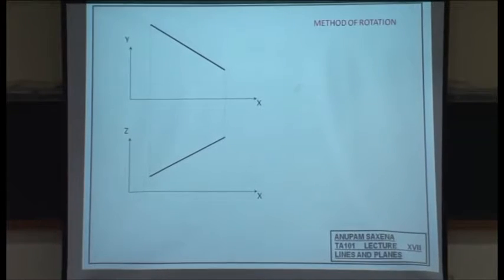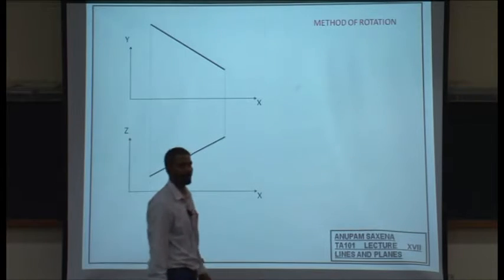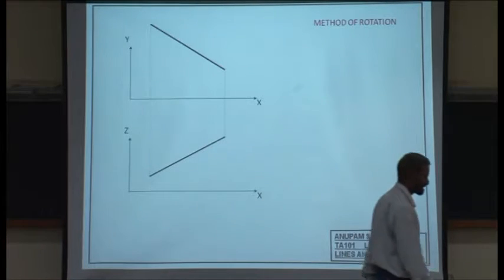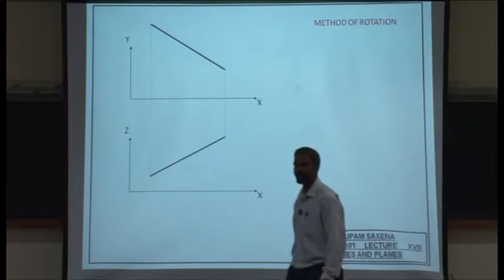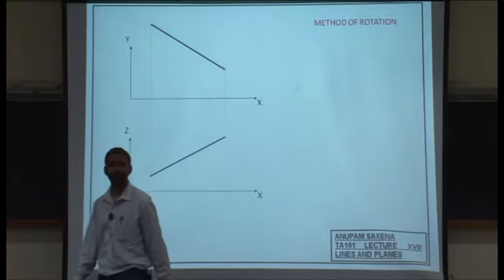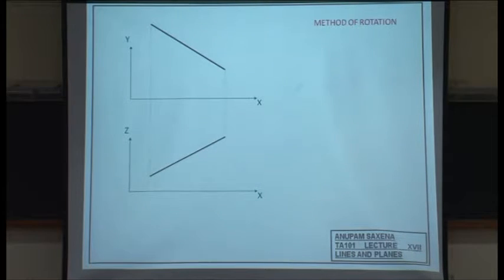All right, so have your sketch pads in front of you, have your pencils or pens in front of you. Draw the projections of a three-dimensional line in front and top view, like what you see. Done? Okay.